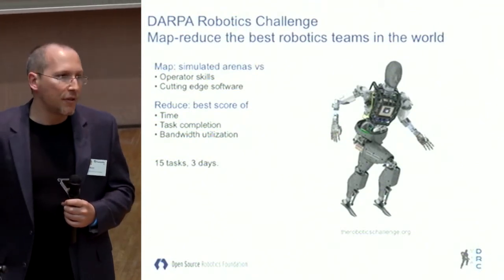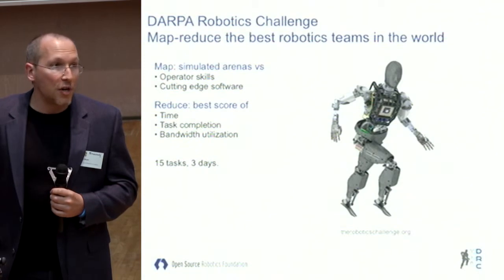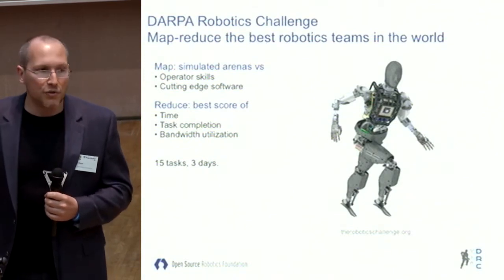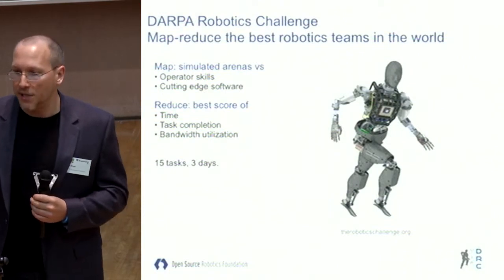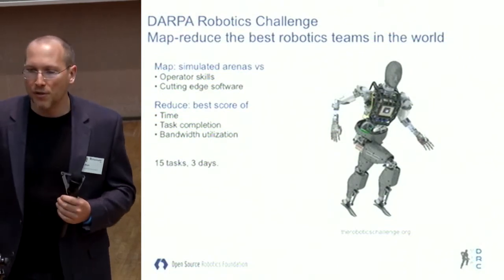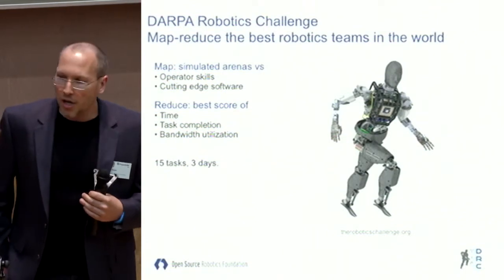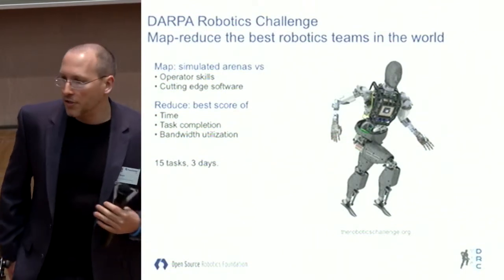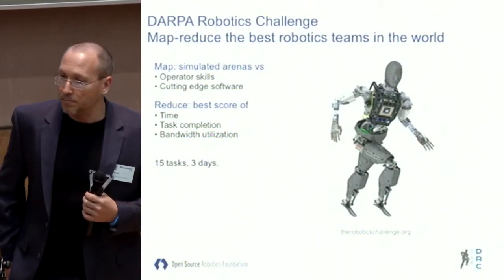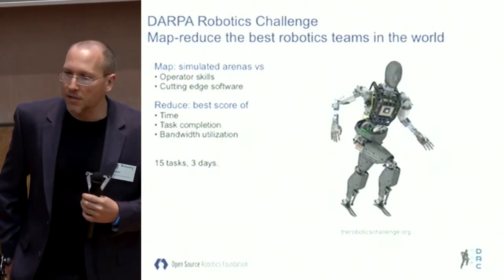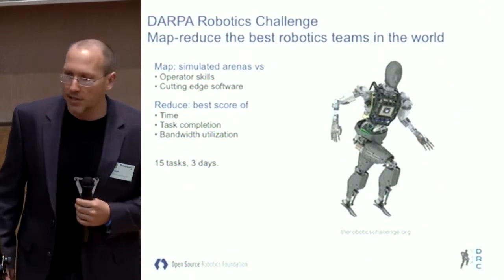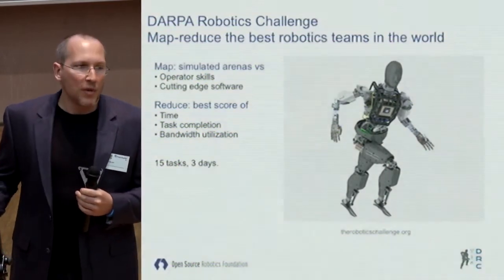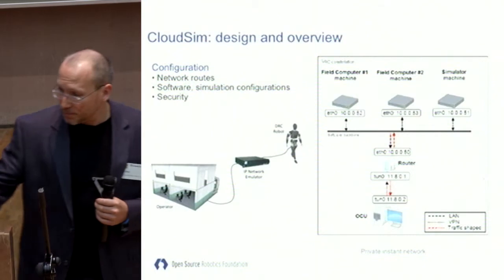The teams will have those for almost a month, and during the last week of June, they'll each have to go through 15 tasks in 3 days, and we'll measure their performance based on the time, the task completion, and also bandwidth utilization, because in normal disaster scenarios, I should say, we expect bandwidth to be limited.